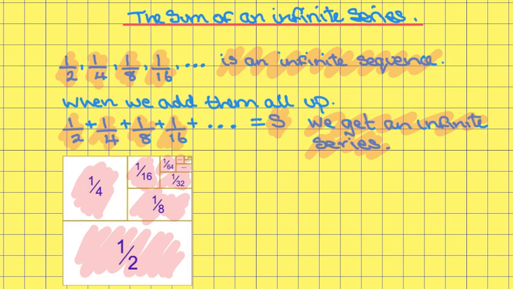So the sum of our series, a half plus a quarter plus an eighth plus a 16th, going on forever, is equal to 1. We can prove that algebraically, so let's write our sum down using sigma notation.